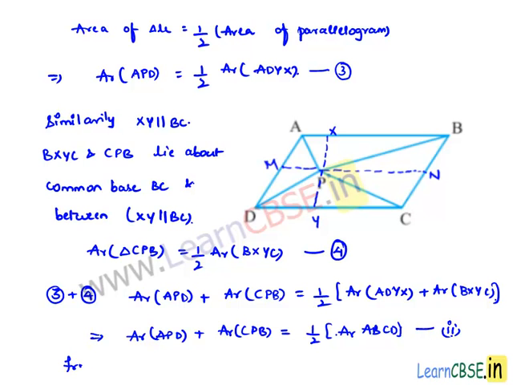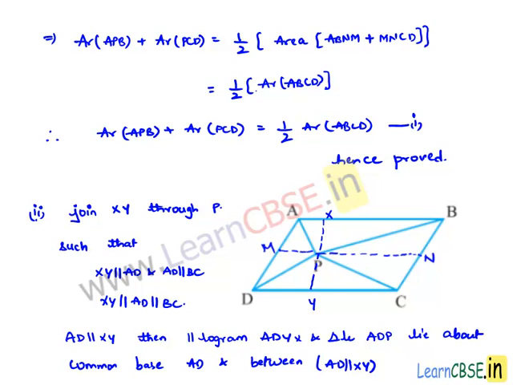Now from proof 1 and the equation 2 obtained here, the left hand side is equal to half of the parallelogram area ABCD.